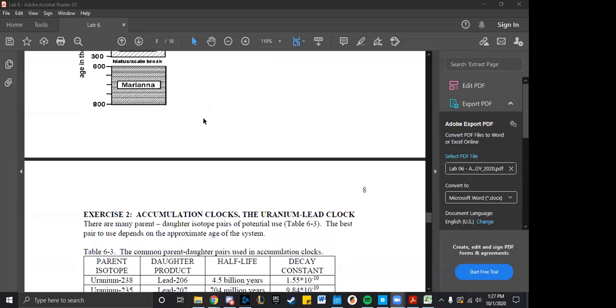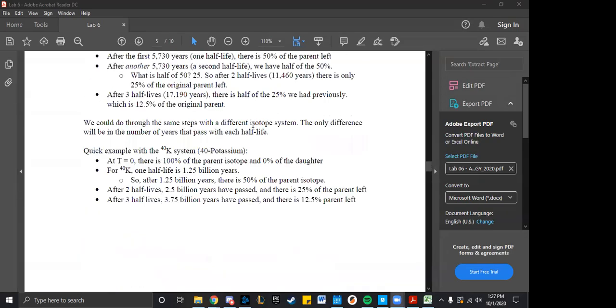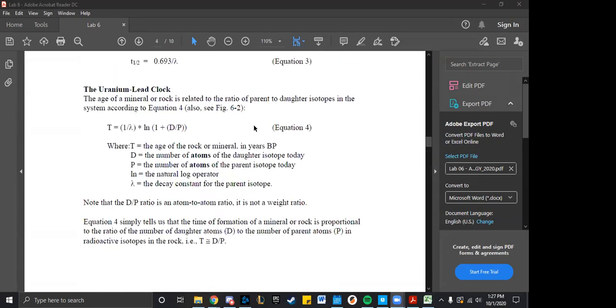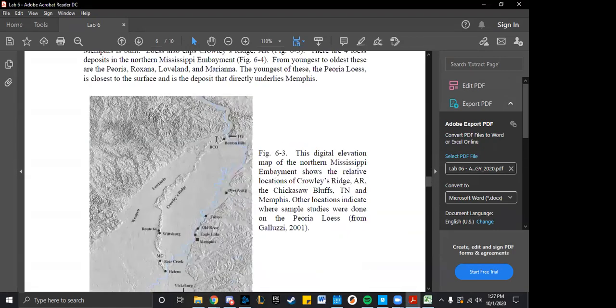Okay, so for the next one, we are going to page 4, and we're going to use that bottom equation. It's not a whole lot different. The only thing you're doing is 1 plus daughter divided by parent.